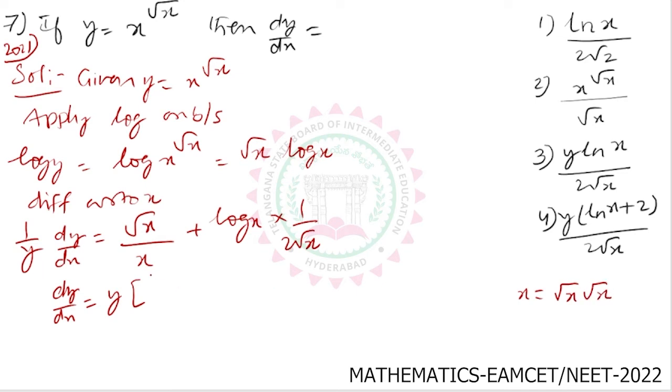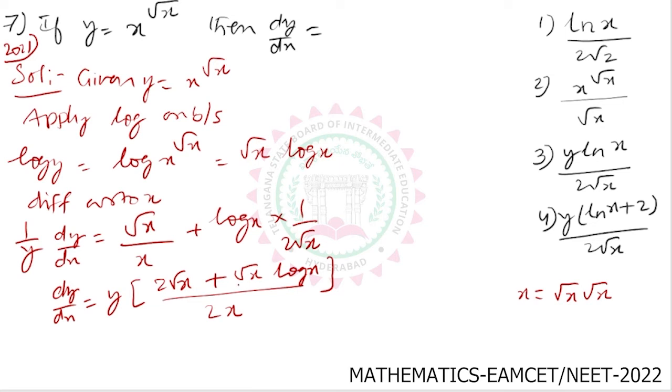So already the LCM is 2x. Is it clear? This 2 root x comes inside. So this gives me 2 root x plus 2 root x cancel. So one x will be there. So this is the root of x into log x.